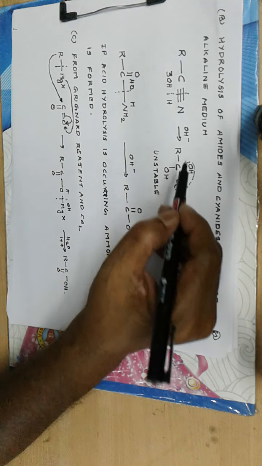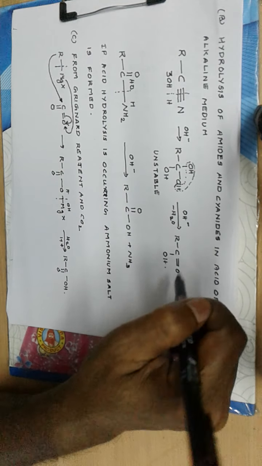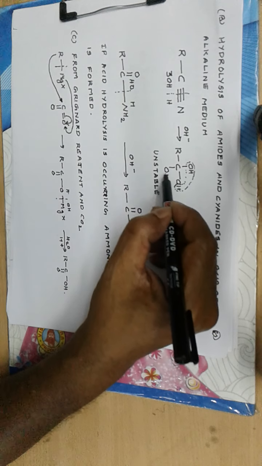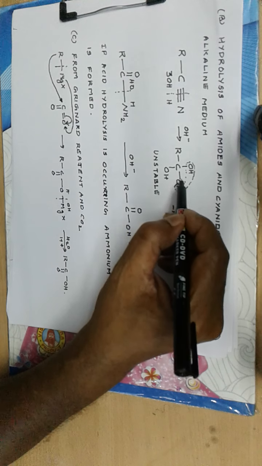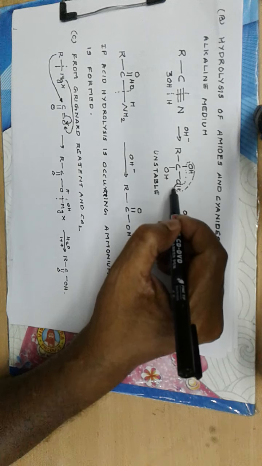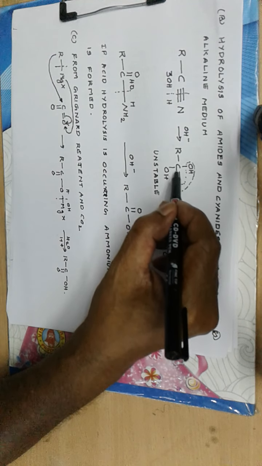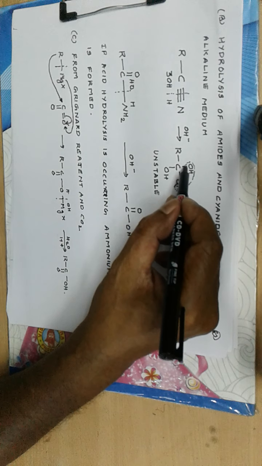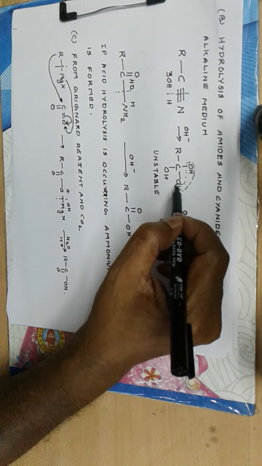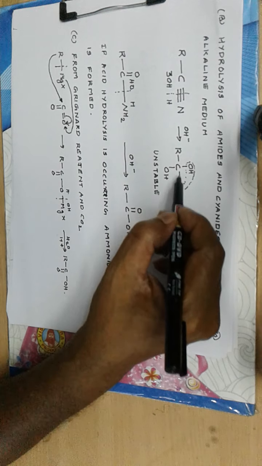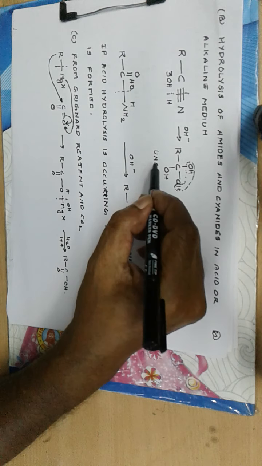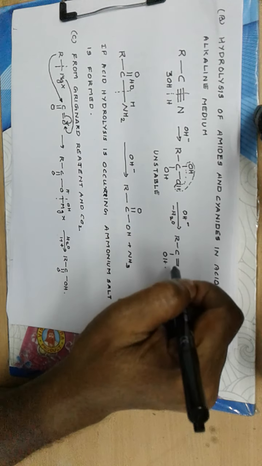In alkaline medium, we get ammonia as the product. And 3 OH groups connected to the same carbon makes the structure unstable. One OH is removed along with H as a molecule of water. So we get a double bond between these two atoms, carbon using its valency with oxygen because the OH bond is getting broken. So C double bond O, then OH. So this is unstable and we get RCOOH.